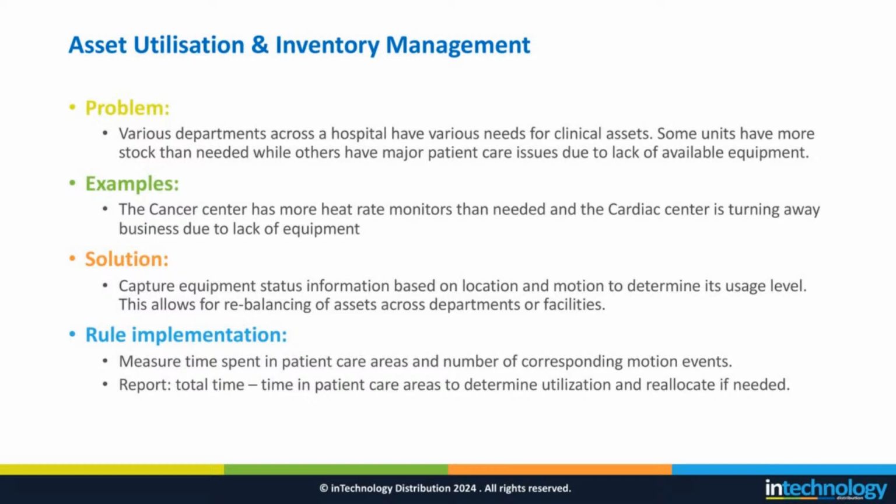And you may have a major issue where equipment is required but it's not there because you can't find it. The example would be a cancer center that has more heart rate monitors than the cardiac center, which is crazy. They shouldn't have that. So the solution when you're using an RTLS system for asset tracking is being able to capture where the equipment is, understand its location, and determine how often it's being used.